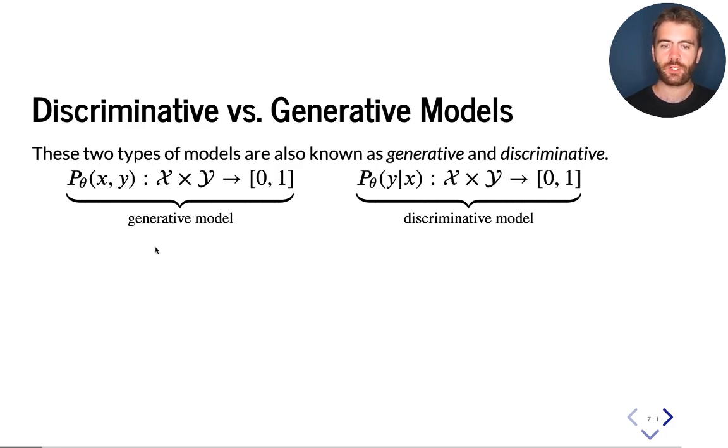This is our most general form of probability distribution that we have seen before. And it turns out this has a special name, and we're going to see why it's important to distinguish these two kinds of models later. But this full model is what is called a generative model. The other kind of model that we have seen, the one that fits a conditional distribution, we often call a discriminative model. And again, an example of this was logistic regression.